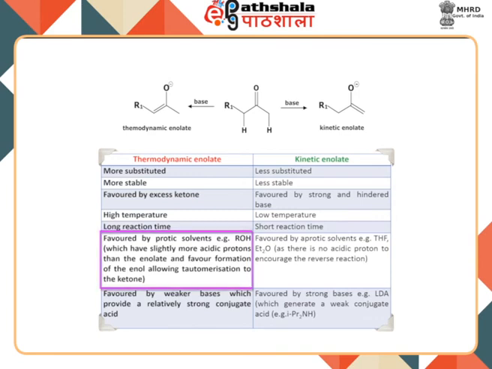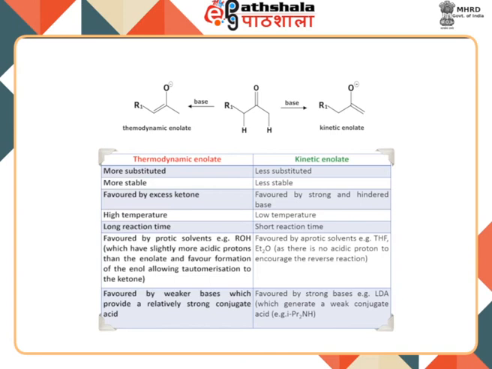Thermodynamic enolate is favored by protic solvents, for example alcohols, which have a slightly more acidic proton than the enolate and favor formation of the enol, allowing tautomerism to the ketone. Whereas the kinetic enolate is favored by aprotic solvents, for example THF and diethyl ether, as there is no acidic proton to encourage the reverse reaction.